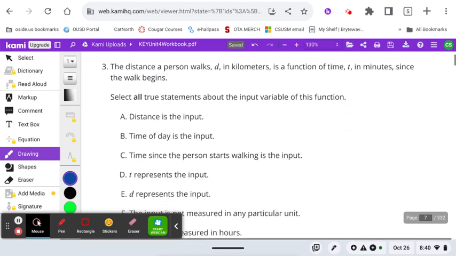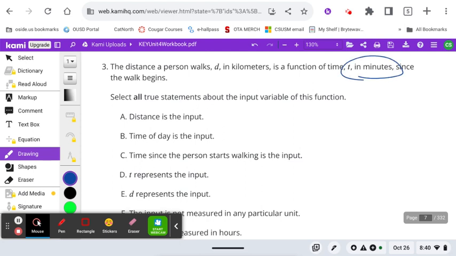All right, the distance a person walks in kilometers is a function of time in minutes since the walk begins. Select all the statements that are true. So notice, first of all, that time is in minutes. Notice that distance is in kilometers. So is distance the input or is time the input?